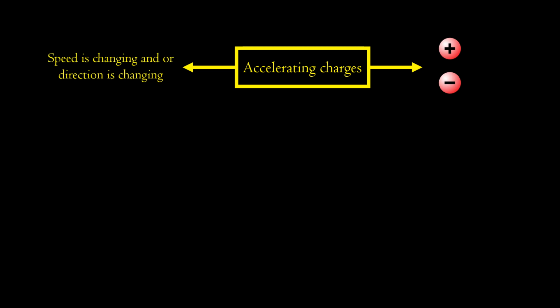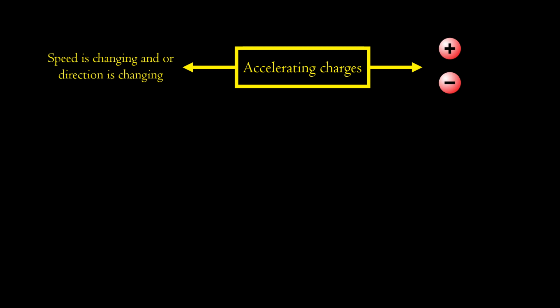For an object to be accelerating, it means that the speed of the object is changing. This means that the speed is increasing or decreasing, or the direction in which the object is traveling is changing.